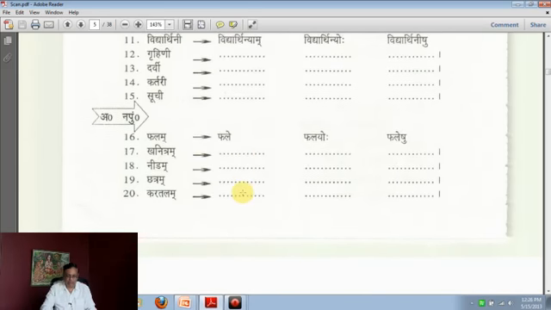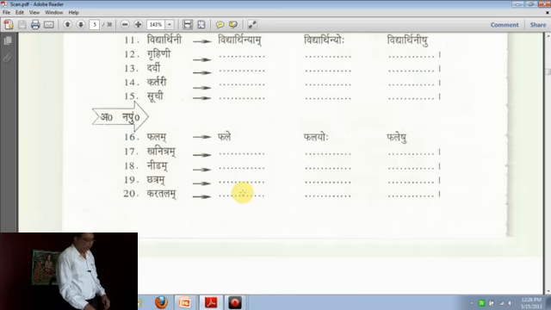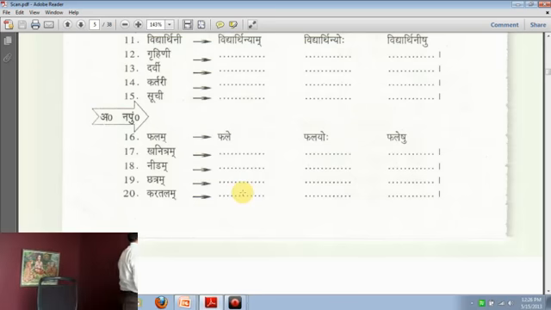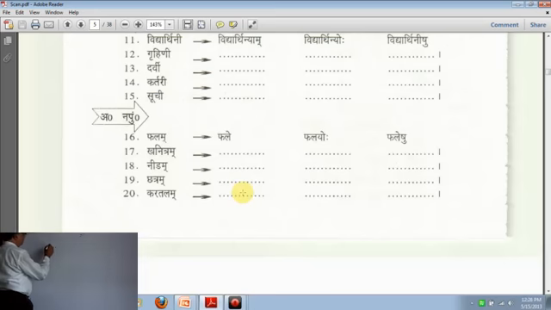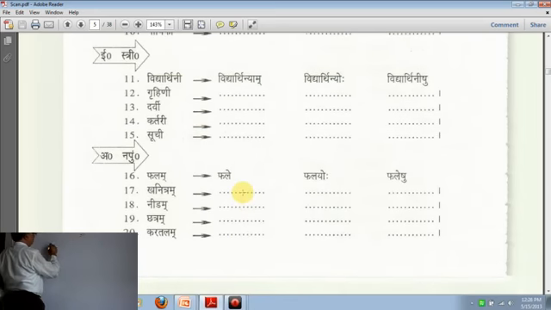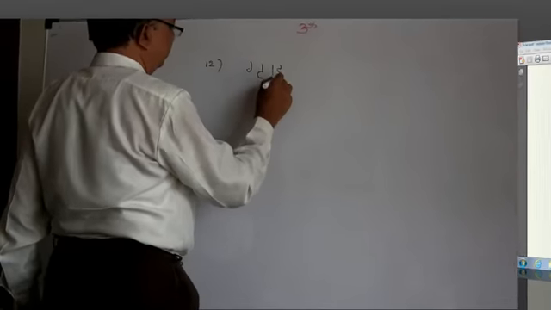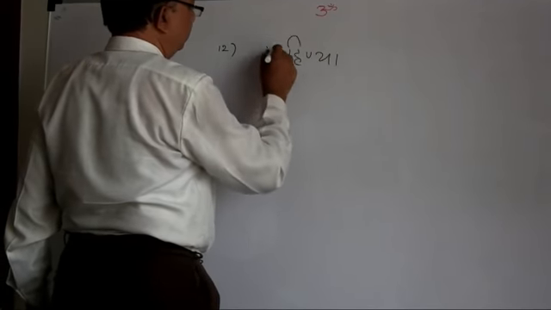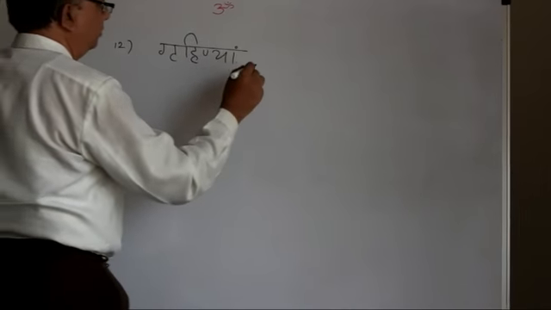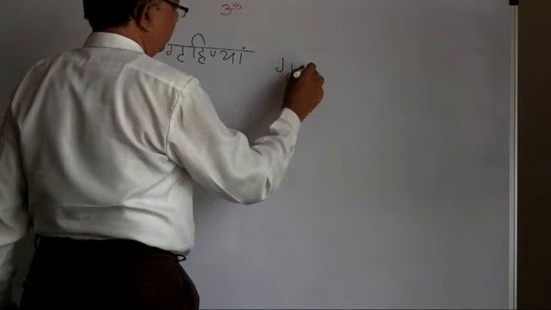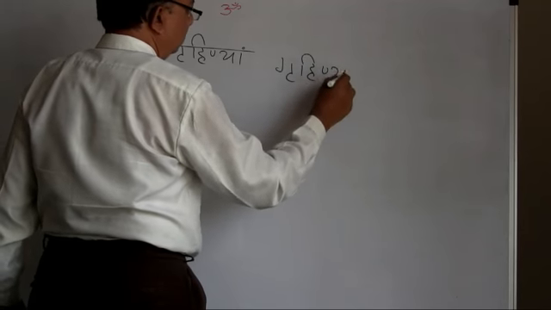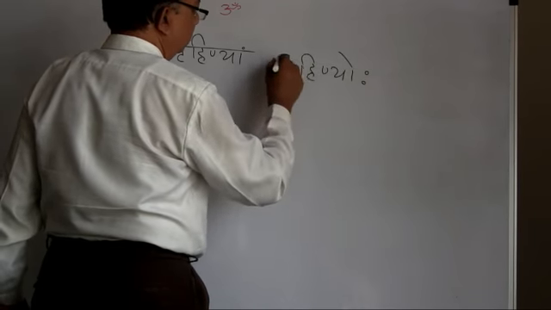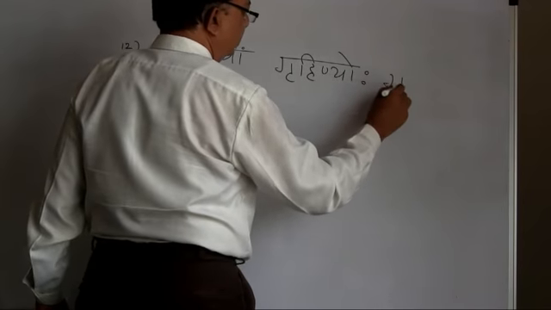I may write Ikaranta Strilingas for some clarity. Can you read what they are? First you tell me the number of the 11th, already given, 12th Gruhini. Gruhinyam. Gruhinyoho. Gruhinishu.